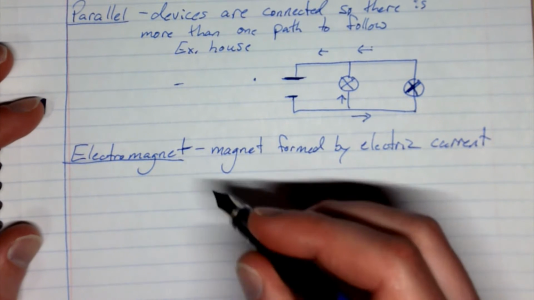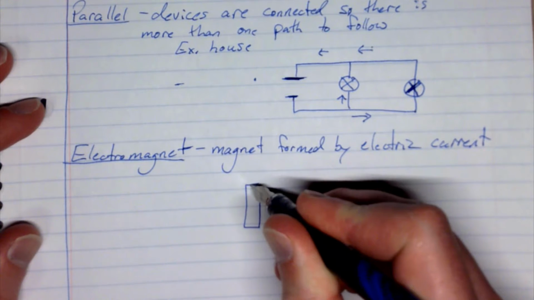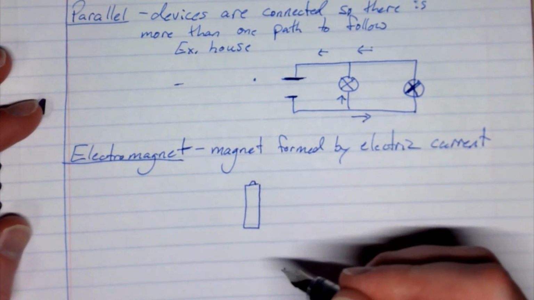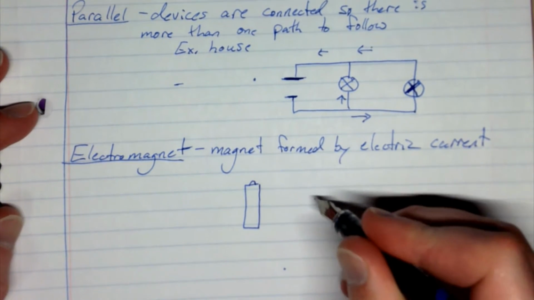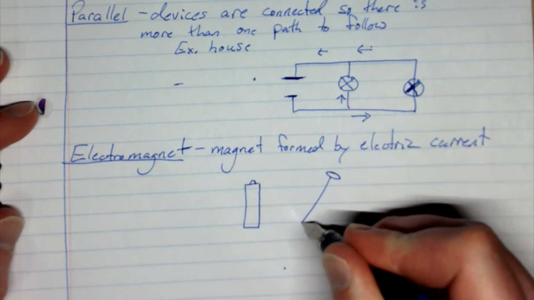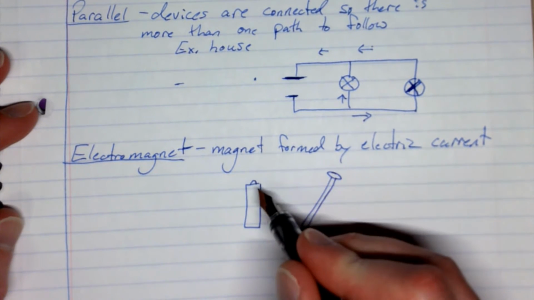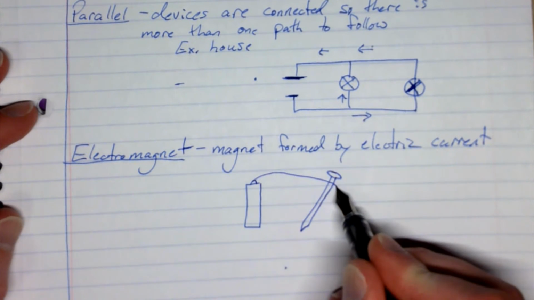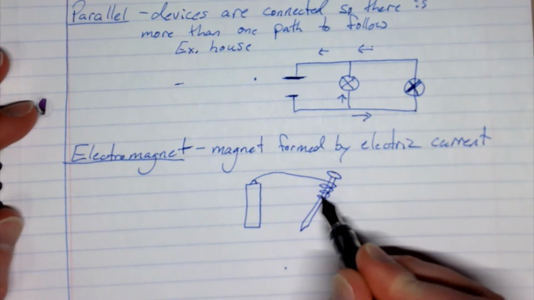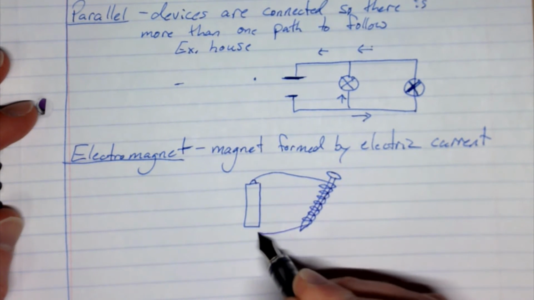Alright, and we can do this by having a battery, right? And I'm going to say that that's a nail, and we take a wire and wrap around the nail, and connect.